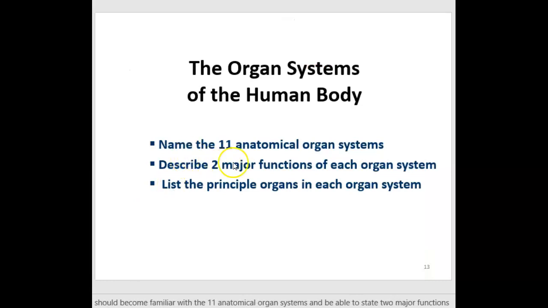You need to be able to name the 11 anatomical organ systems and give a major function of each organ system and the principal organs. I said 2 in your study question, but even just 1 is okay. So that'll be really easy for some and a little bit more difficult for others.